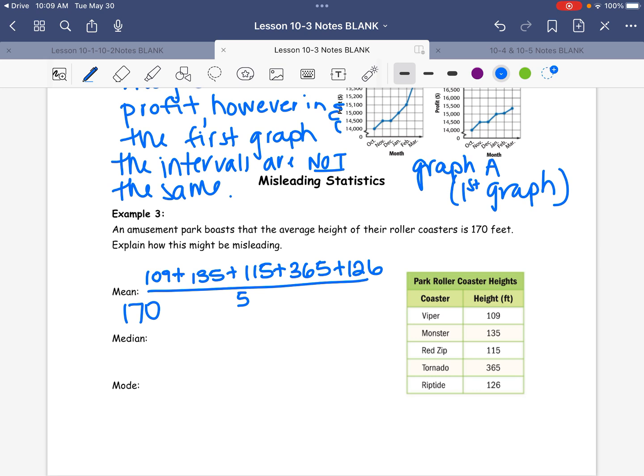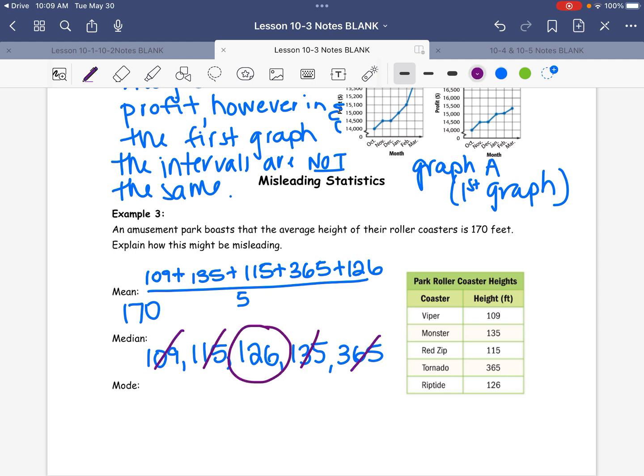My median is my middle number, so I line them up from smallest to biggest: 109, 115, 126, 135, and 365. I cross off one on each end till I get to the middle, so that would be 126. Mode is the one that happens most often, and there is none.